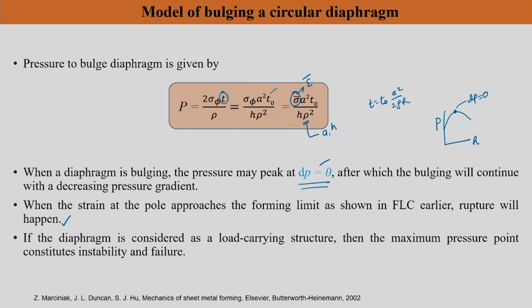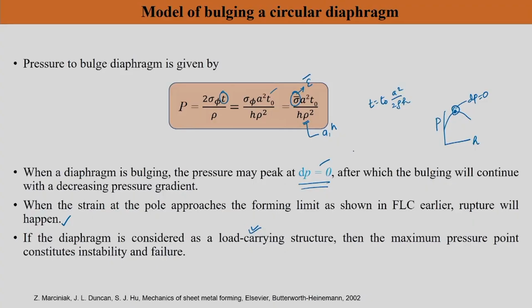But if you consider this diaphragm or sheet as a load carrying member, then you have to be very careful that the maximum pressure point constitutes instability and fracture. This particular point should be the deciding criterion if it is a load carrying structure.